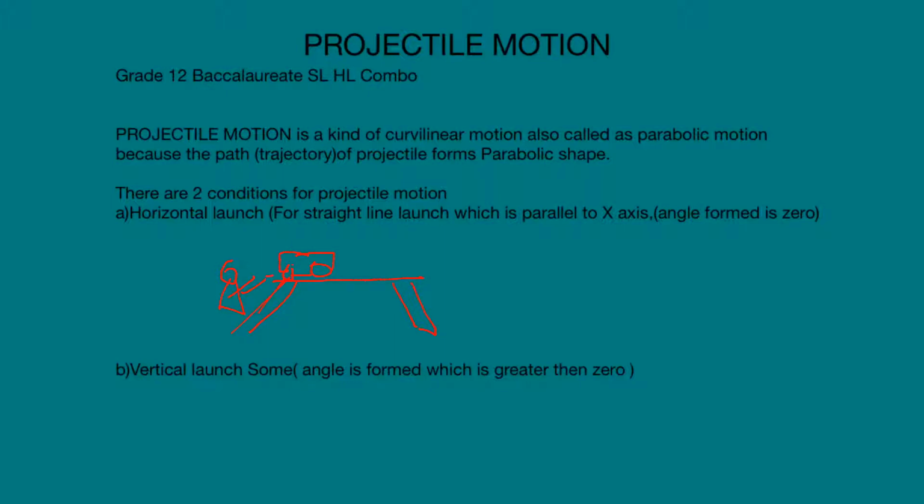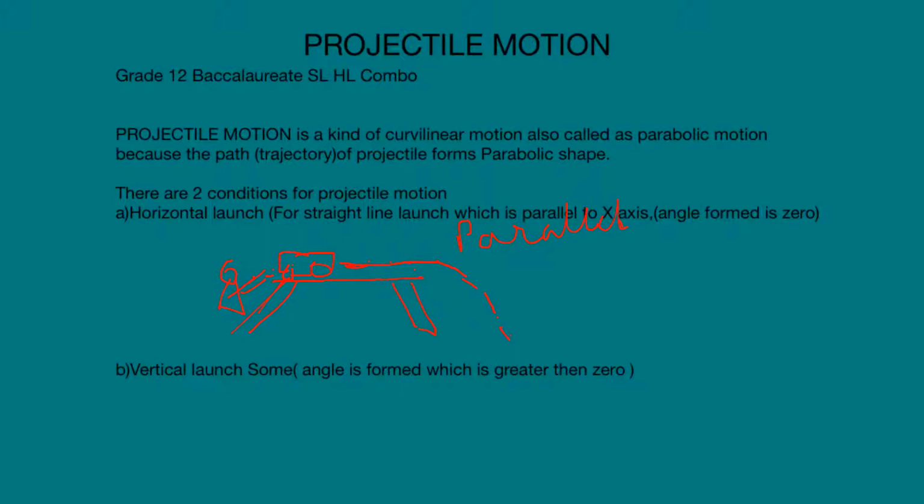He will push the car on the table. After some time this car will come here. It will run parallel to the ground level, and then afterwards it will fall down like this. So this is horizontal launch. Here also it is parallel to the ground level. In this way this type of launch is called horizontal launch.